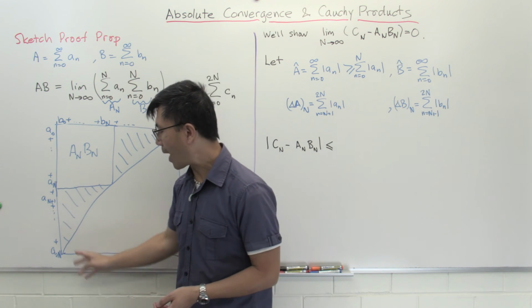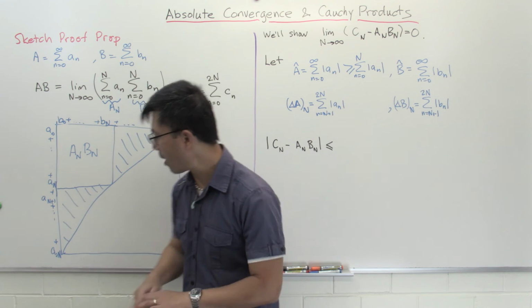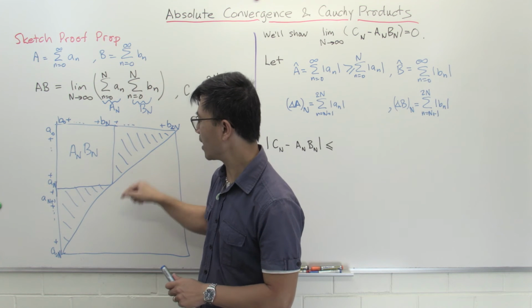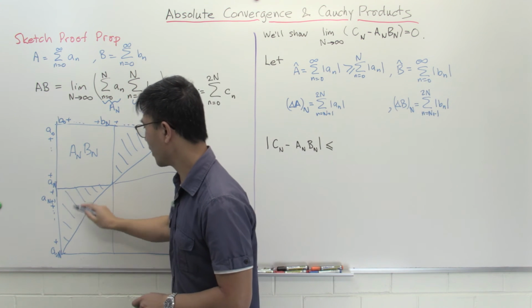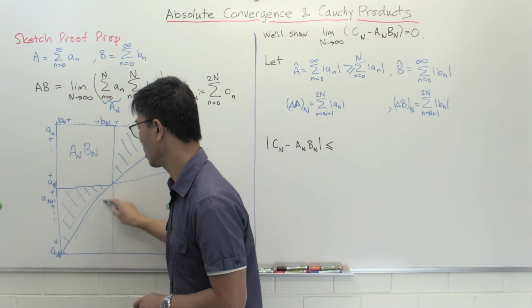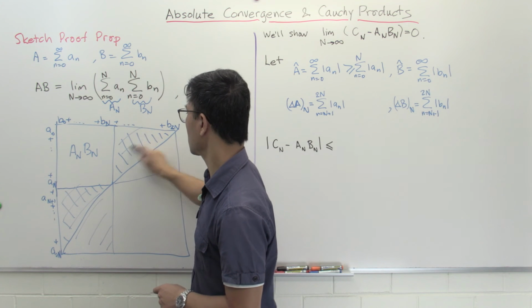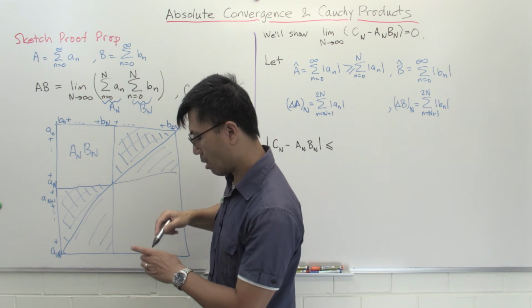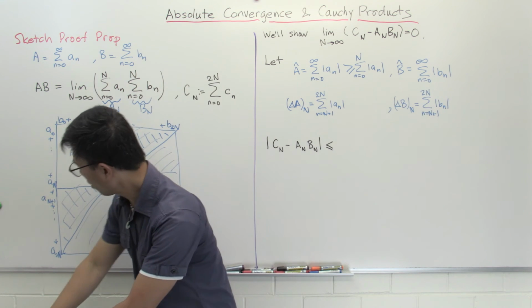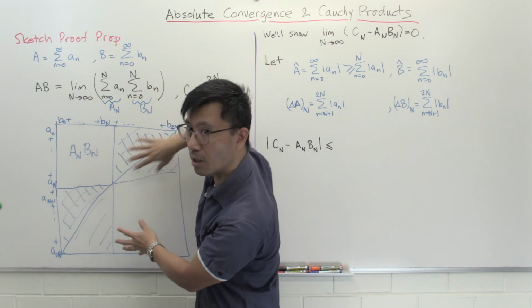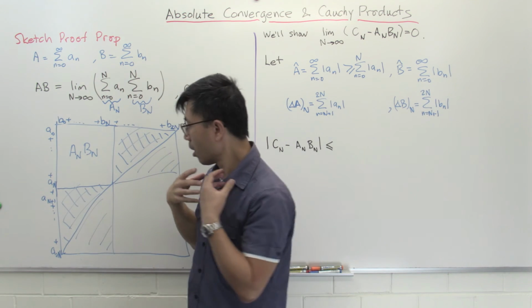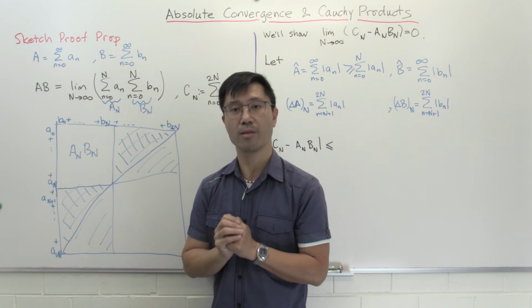And then if we're just summing absolute values, of course, if we can bound not just this region here and this region here, but instead these regions and these regions, okay, if we can bound all the products of absolute values that land in these two regions, and show that the sum of all those goes to 0, then we'll be done.